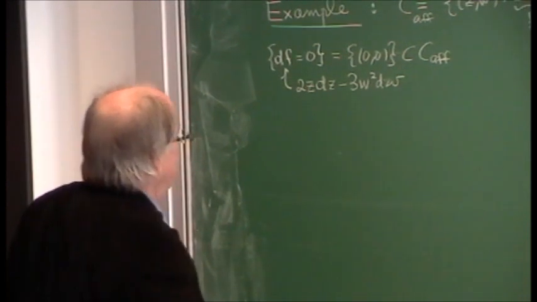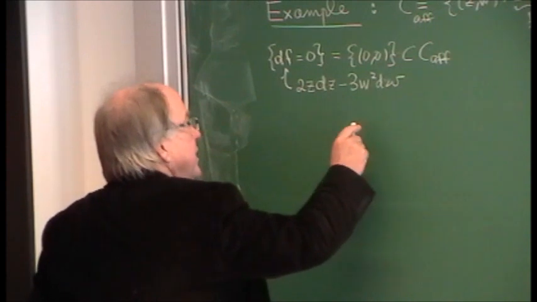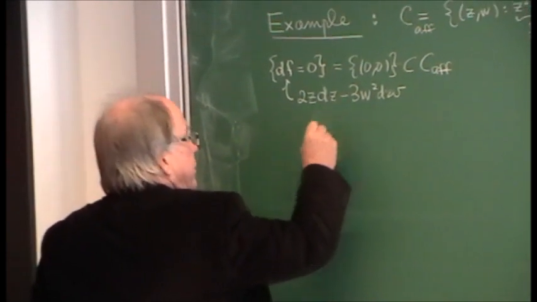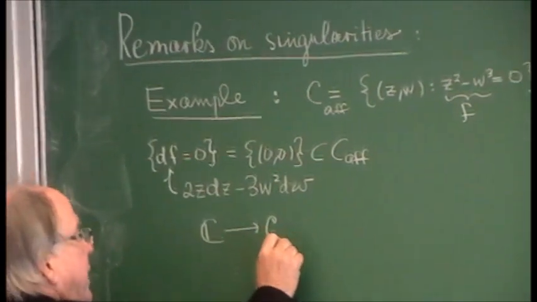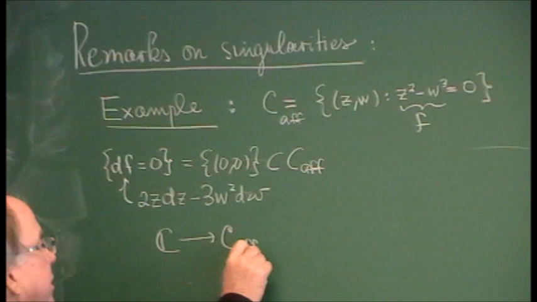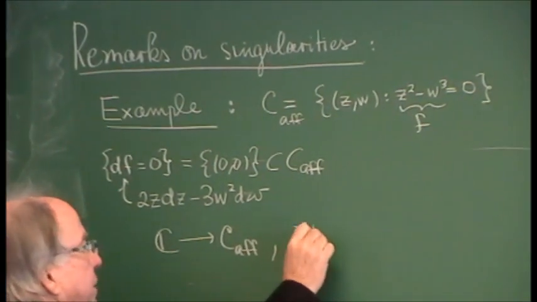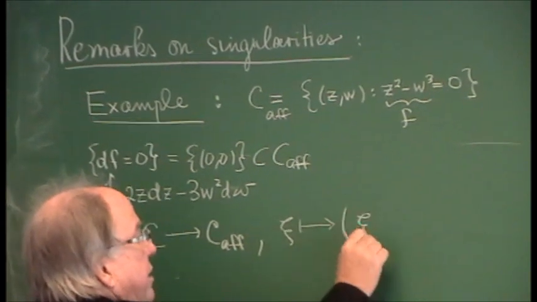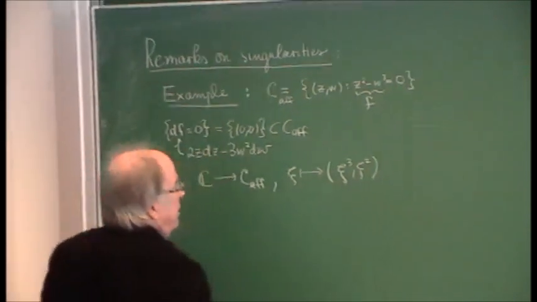And I mentioned yesterday, it's a funny singularity. I just wanted to emphasize funny things that really happen. There's an easy map of the complex plane onto this curve. Namely, you just take zeta in the complex plane and map it to zeta cubed, zeta squared, the way I've got it now.